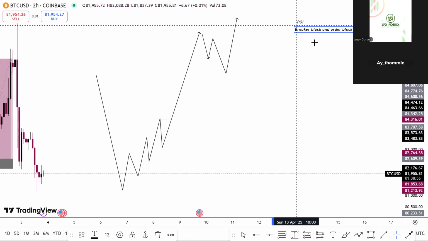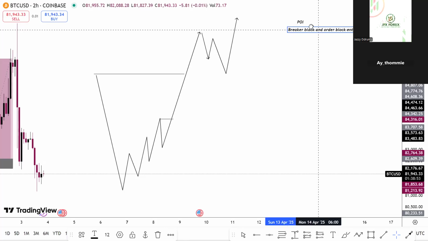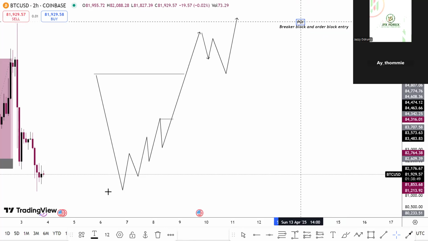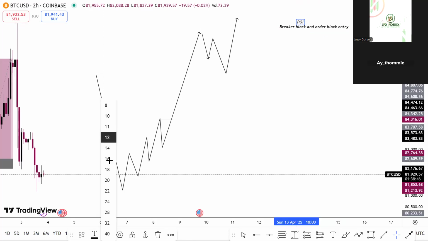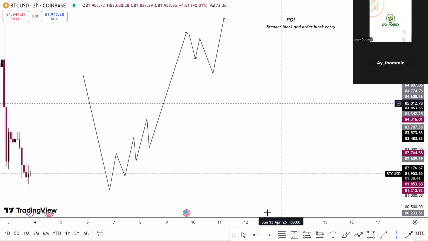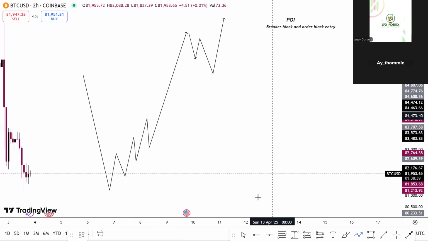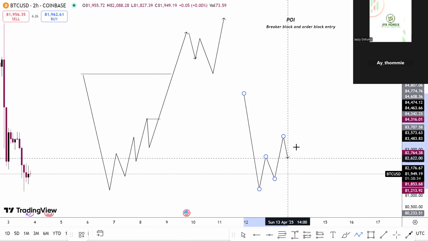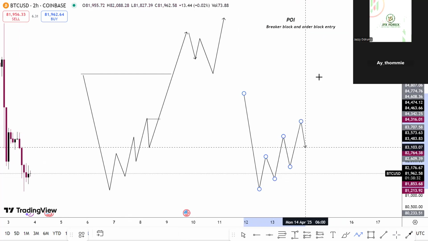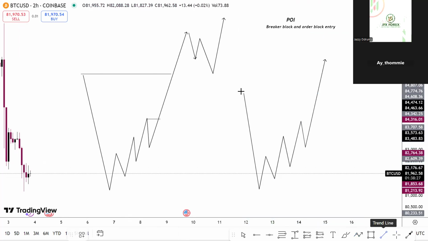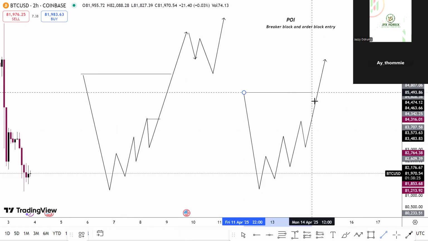Now, the reason why we have the breaker block and the order block entry is because this particular inducement is going to determine the entry model you will be using. Now, let me draw the two together so that you can understand what I'm actually talking about. So you have to differentiate the difference between the POIs that you'll be using. Either you'll be using the breaker block or you'll be using your order block entry as your entry model.